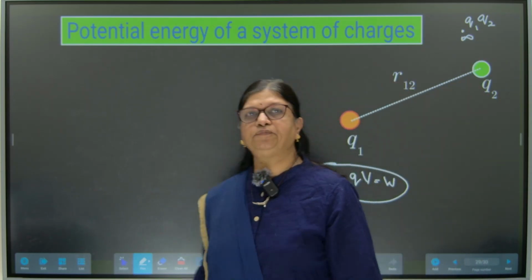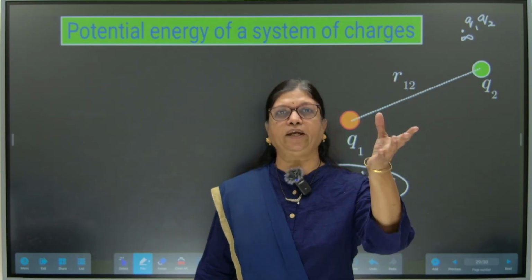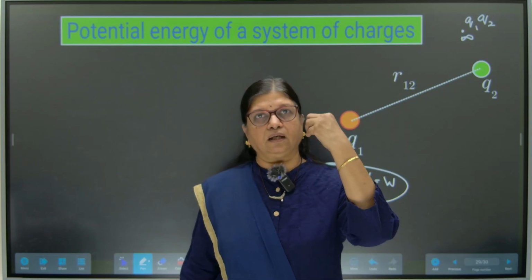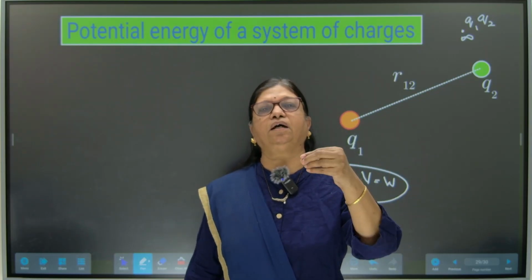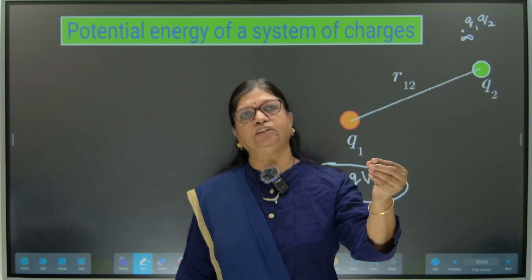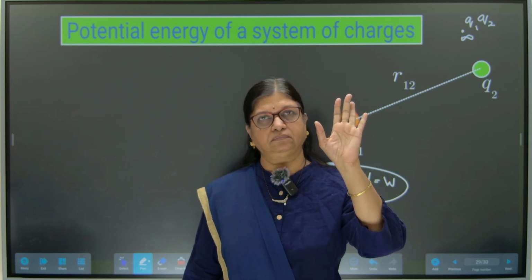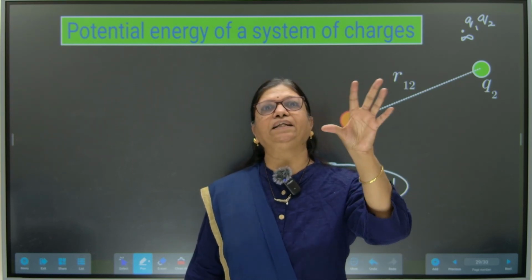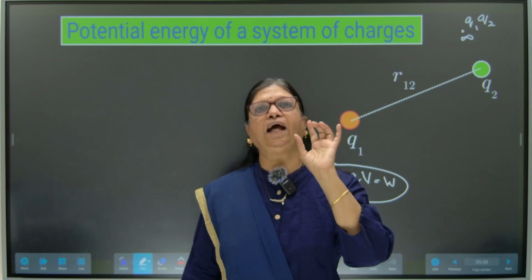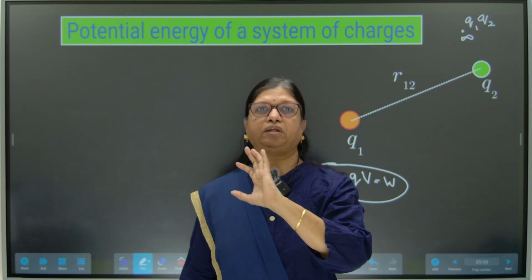So what is infinity? Infinity is the point or the space or the area where there is absolutely no potential or potential energy due to any of the charges. So let us place Q1 and Q2 at a point at infinity.